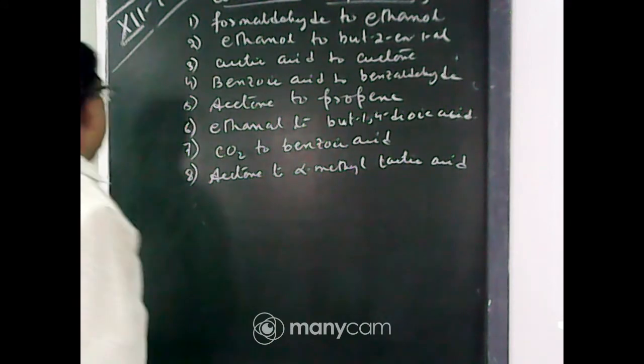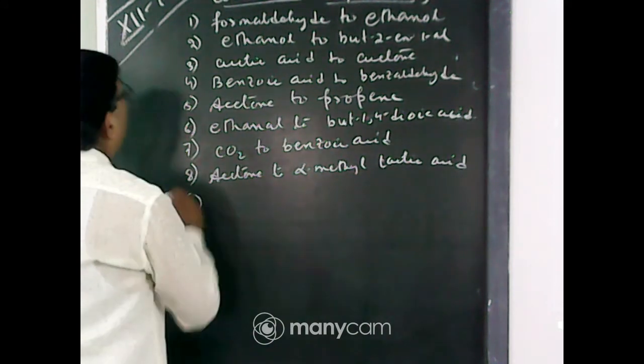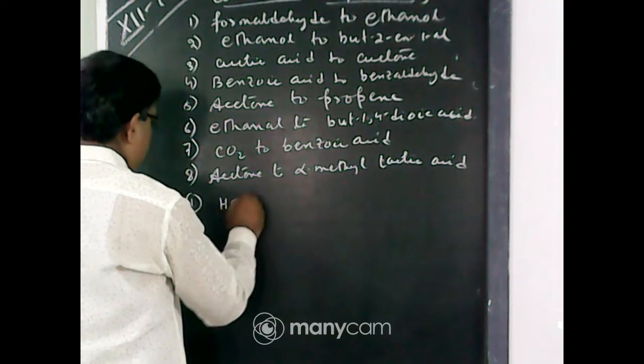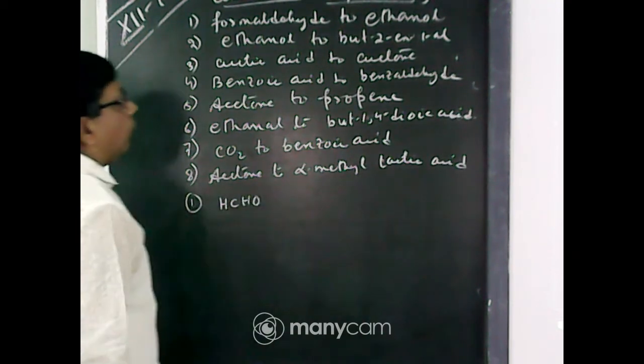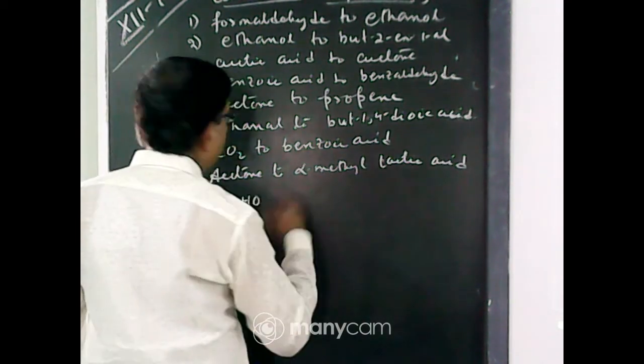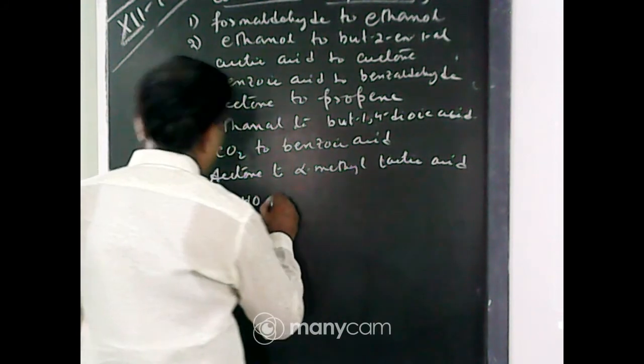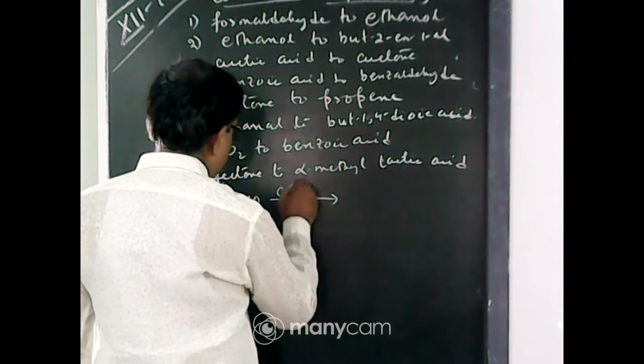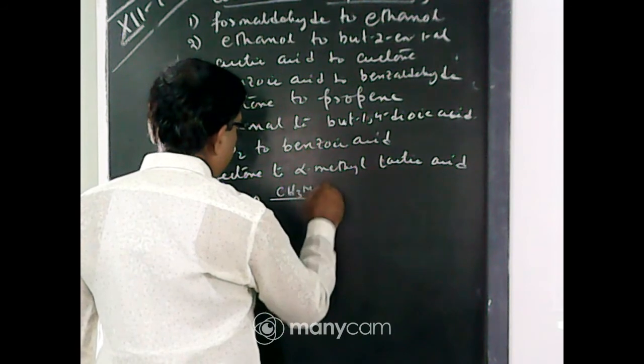Now see, first one. What is the formula of formaldehyde? HCHO. You have to convert it to ethanol, so you have to increase one carbon. React with Grignard reagent CH3MgBr.